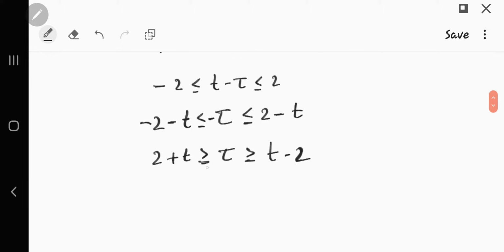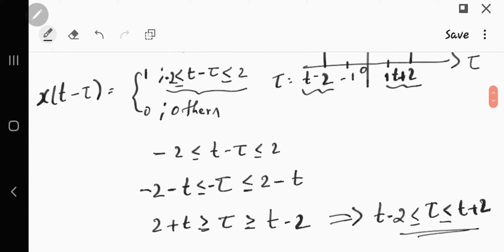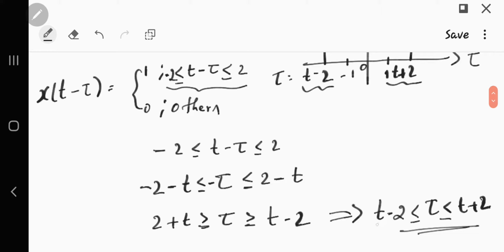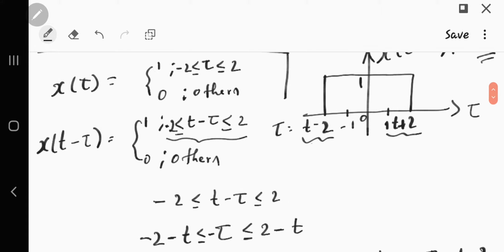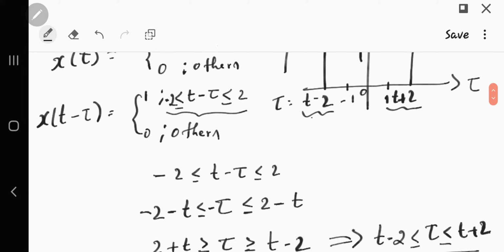That means for tau between t minus 2 and t plus 2. Then you can see the limit, x of t minus tau is 1 for tau varying from t minus 2 to t plus 2. So this end will be t minus 2 and this end will be t plus 2.